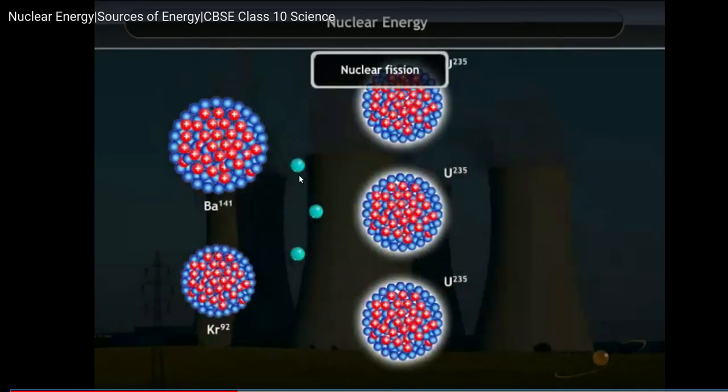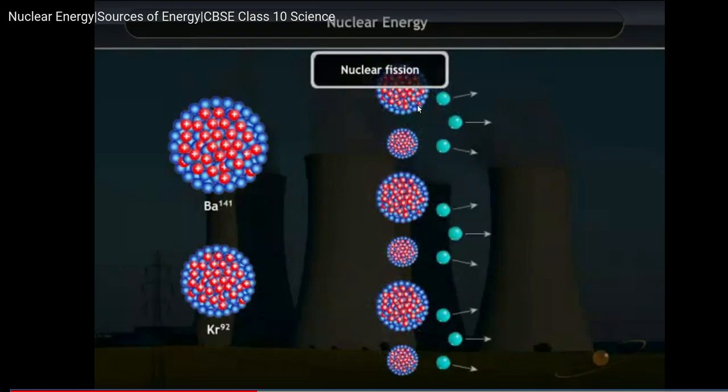Now, as you can see, these three free particles are going to go and attack more of these big nuclei, and it's going to again cause splitting.